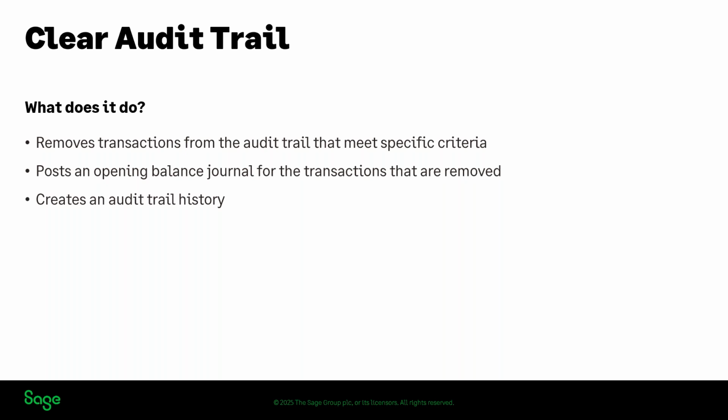It doesn't happen on customers or suppliers because of the criteria, but it is possible it can happen on nominal codes. So if more debits than credits are removed, for instance, to maintain that balance, it will post an opening balance for the difference. It will also create an audit trail history as well. So you do have a list where you can run a report on the transactions that have been cleared.